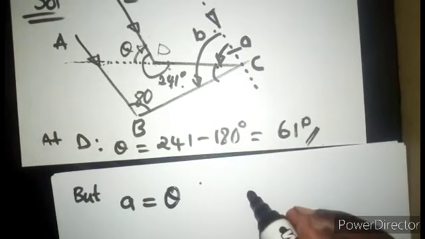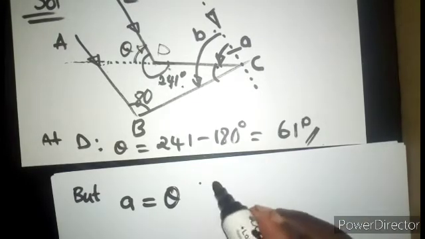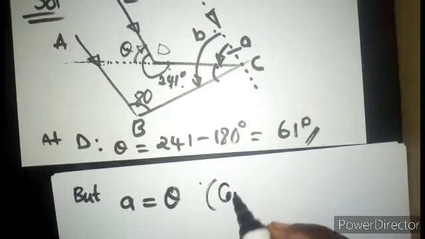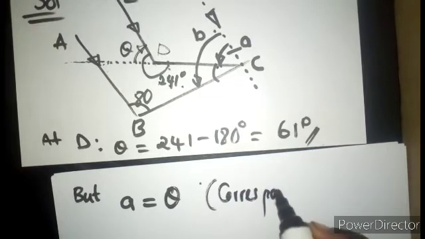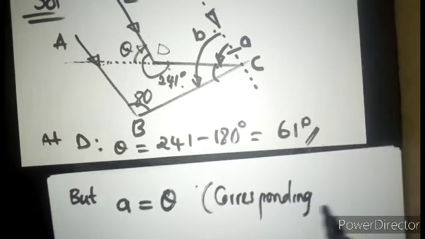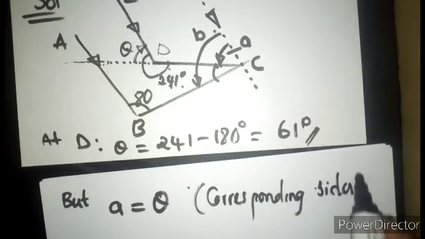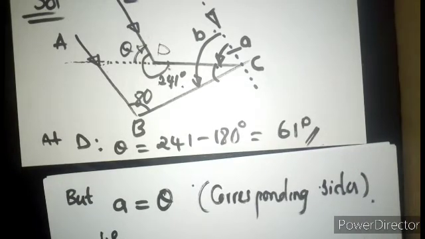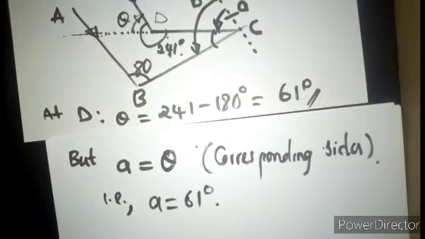That is, we have corresponding angles. So we have that A is 61 degrees.